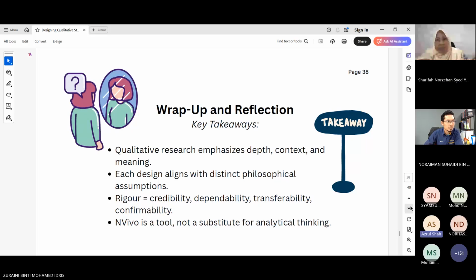But my question is on qualitative. Quantitative is clear on independent and dependent variables, IV and DV. But qualitative, like you said, is the wrap up and reflection, like the conclusions, and NVivo is a tool, not a substitute for analytical thinking.